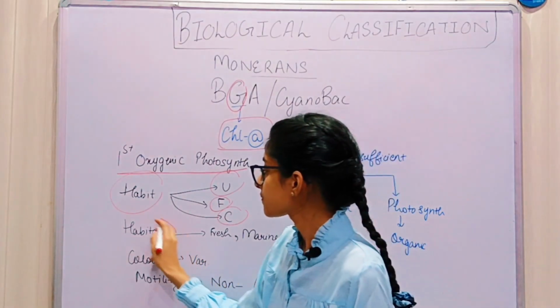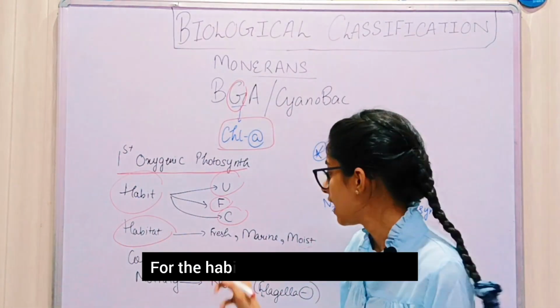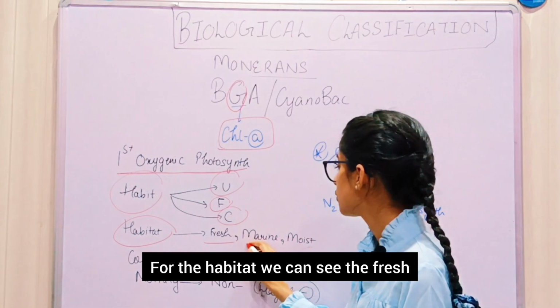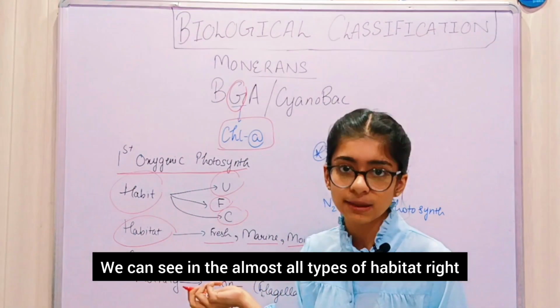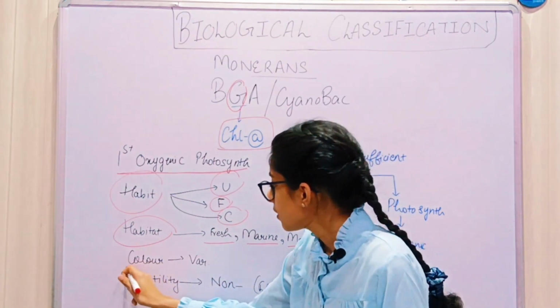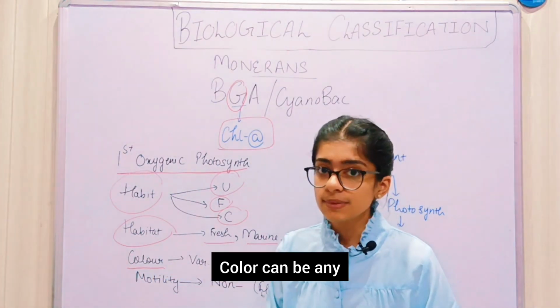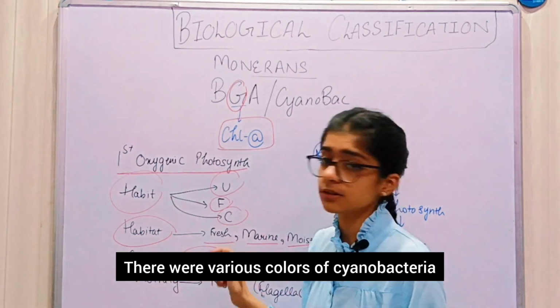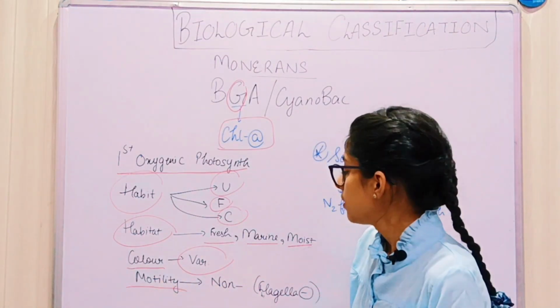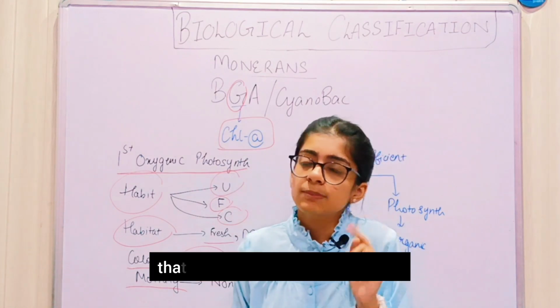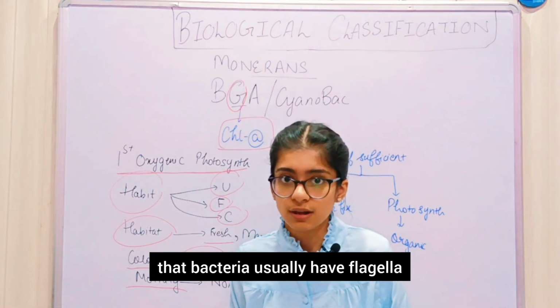Next is habitat. For the habitat, we can see fresh, marine or moist. Like we can see them in almost all types of habitat, right? Now color. Color can be any. There are various colors of cyanobacteria found on earth. Motility. We remember that bacteria usually have flagella, right?